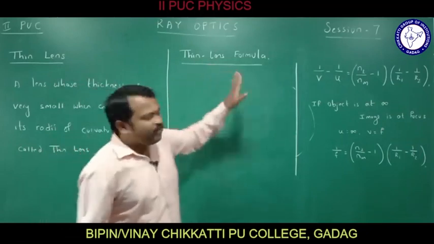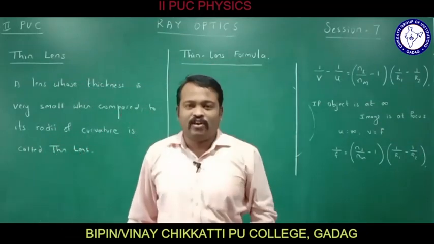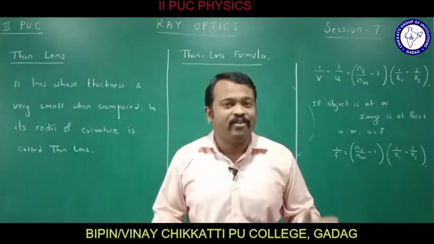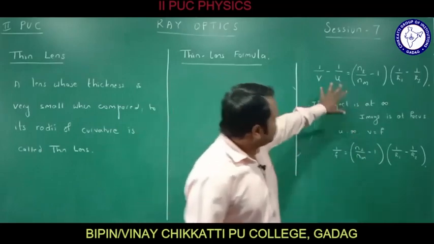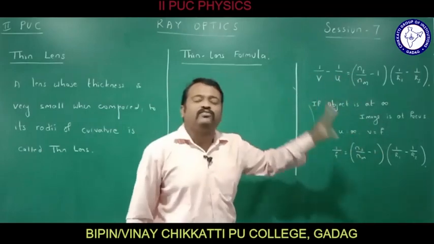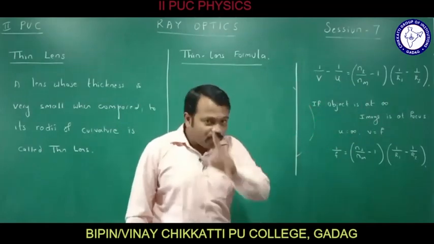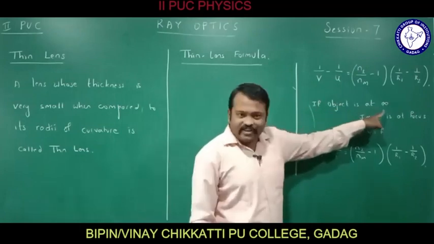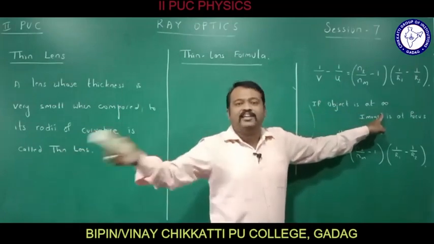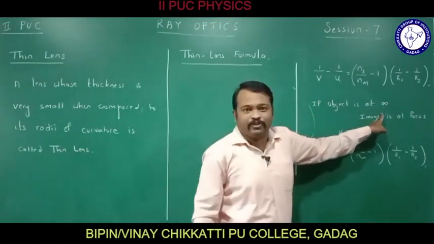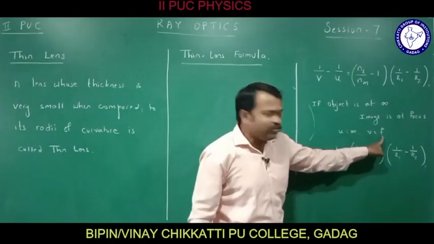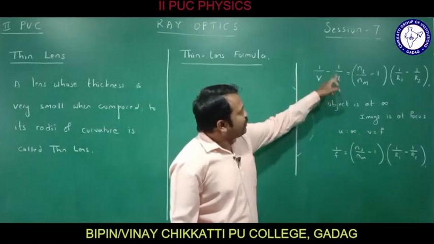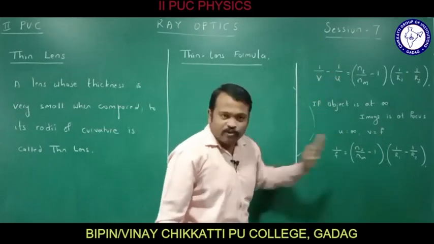This formula we get in the derivation of lens maker's formula. In the last session we derived the lens maker's formula, and these were the last steps of that derivation. Hopefully you remember, after this step we took the object at infinity. If the object is at infinity, the image forms at principal focus, so u is equal to infinity, v is equal to f, and if I substitute that, 1 by infinity is 0, so 1 by f is equal to this.